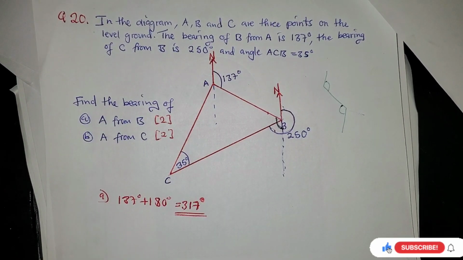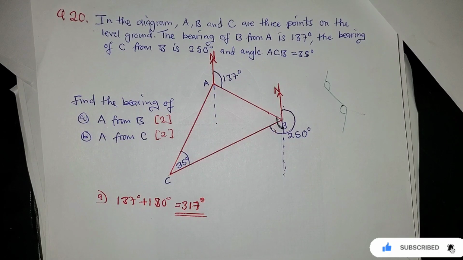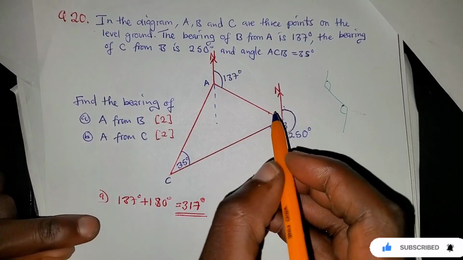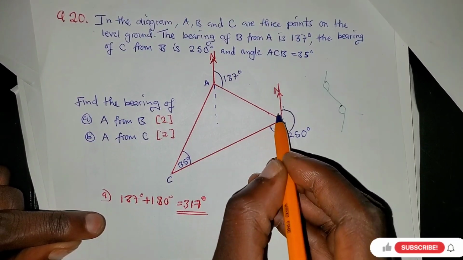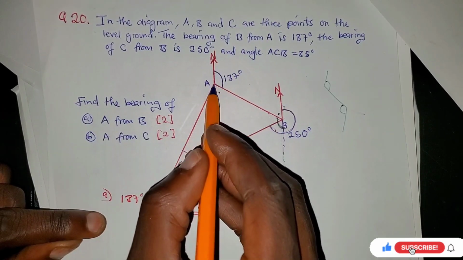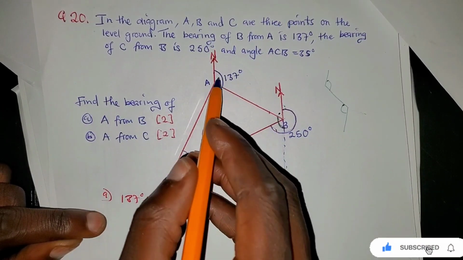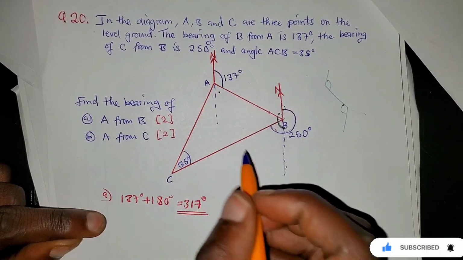Now, some of you may use different methods, but you can still find the same answer. What do I mean by different methods? You can find this angle here, then subtract it from 180. This angle is also equal to this angle. Since this is a straight line of 180, and out of 180 we are given 137, you can subtract 137 from 180.